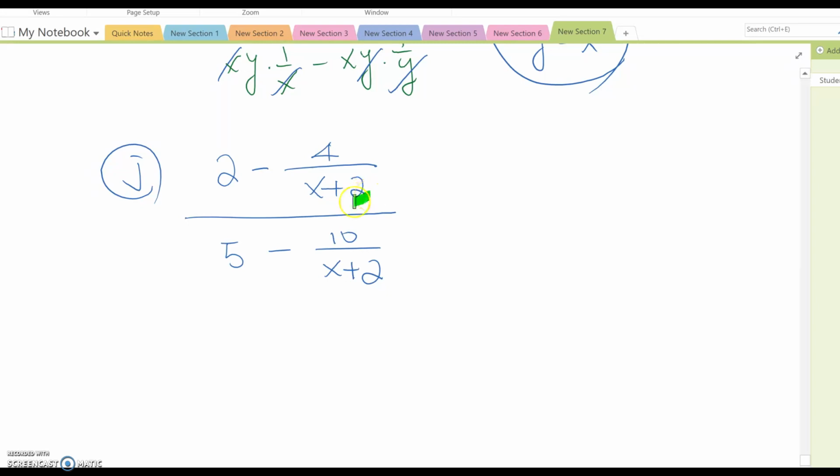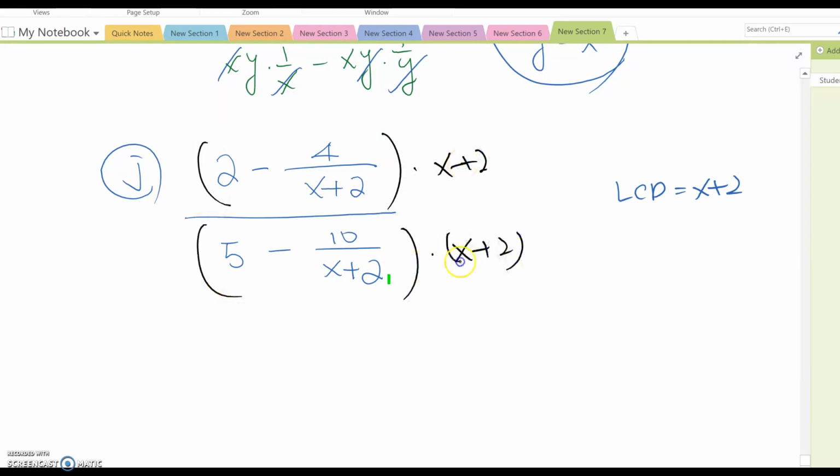Those are the denominator factors, so the LCD becomes x plus 2. Then you multiply x plus 2 in both the numerator and denominator.